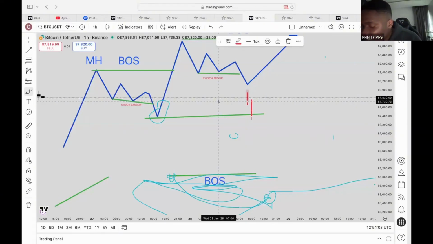Next, if the candle that broke first, excuse me, guys, I'm looking at my paper. Give me a minute, guys. But did we get up to this point? Let me know if you have gotten up to this point.